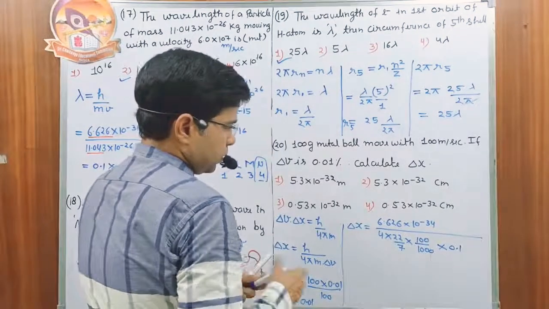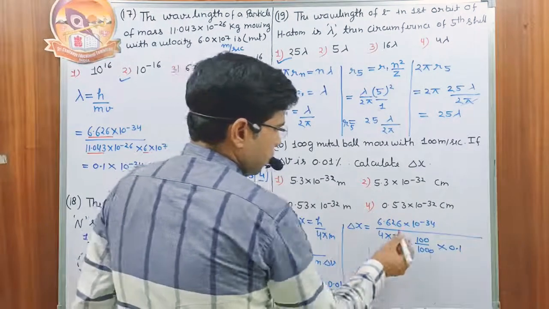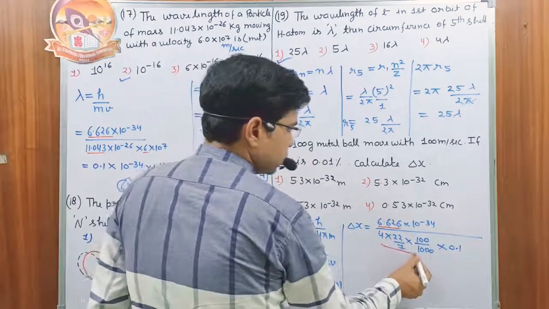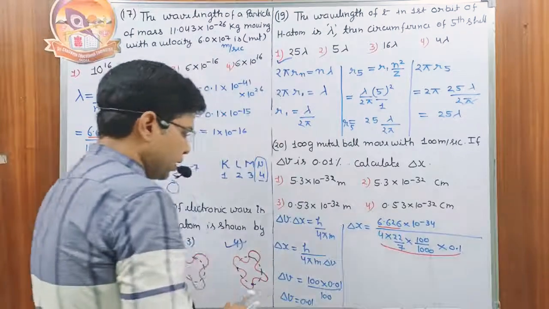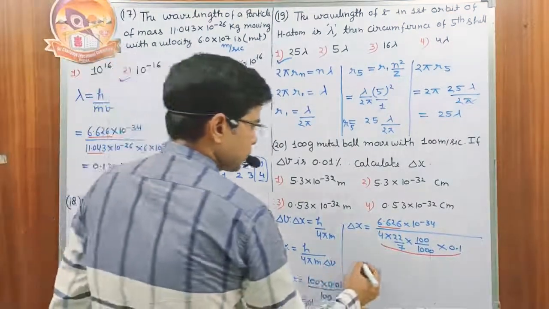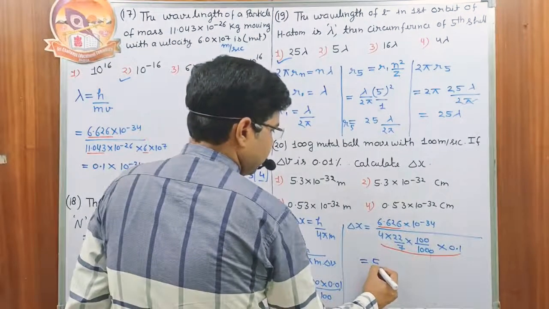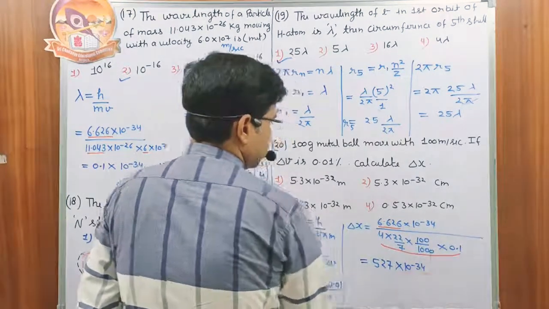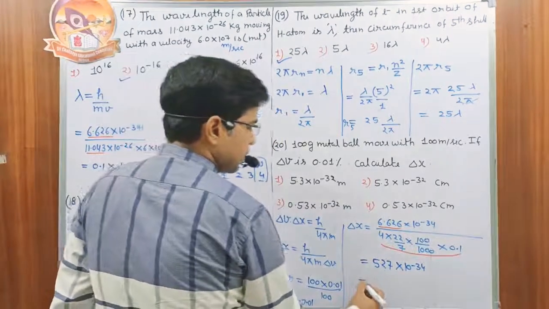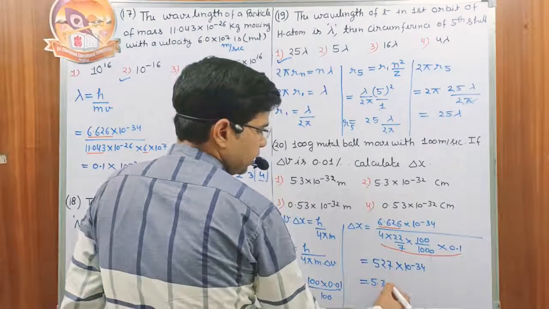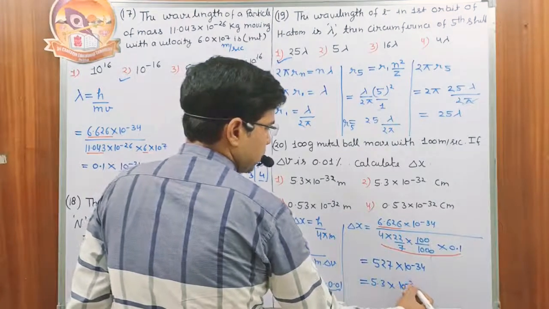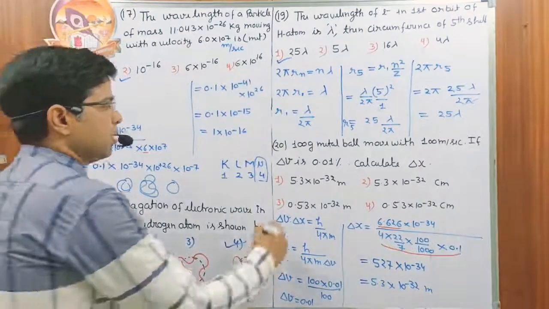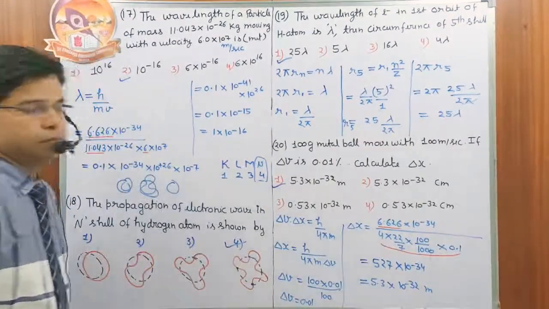When we solve all these quantities, this will come as 527 into 10 to the power minus 34. That can be written as 5.3 into 10 to the power minus 32 meter. So the correct answer of this question is option number 1.